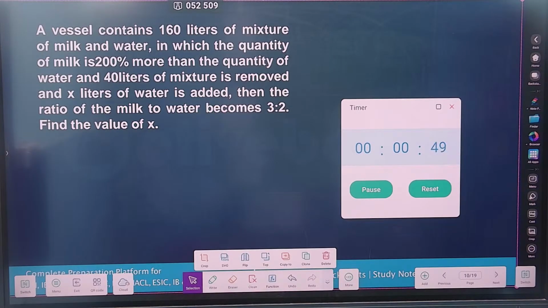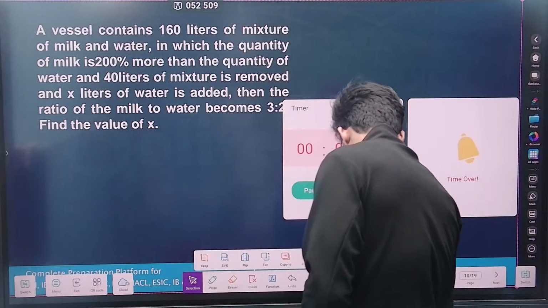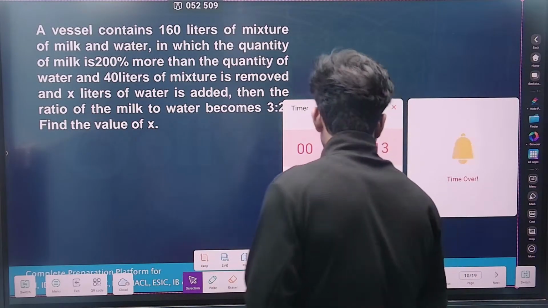Solve, everyone. Anybody had done? So we have got a lot of answers now.